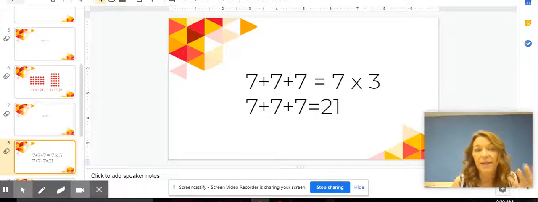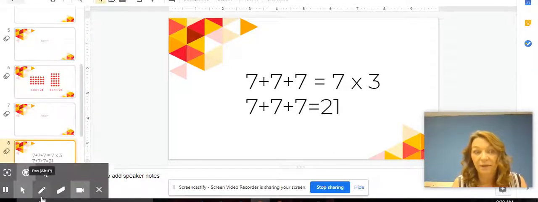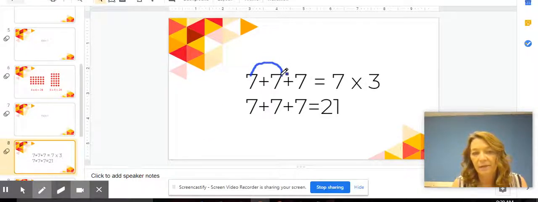It's the same answer. And that's what we just learned before when we looked at an array. 4 times 6 is the same as 6 times 4. Well, in this case, it's easier to solve just by trying to add 3 sevens than it is 7 threes. So I'm looking at 7 plus 7, and 7 plus 7 is 14. And then I need to add 14 plus 7.